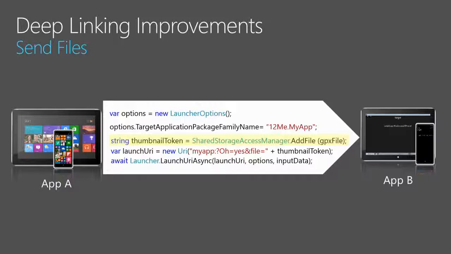So how do you get around that when you want to pass these things between them? Well, the Shared Storage Access Manager gives you the ability to generate a token that represents a storage file. You can then pass that string token across on the URI into the target application, which can then redeem the token for a storage file and actually get that file back off the disk. Okay? So that's a very handy enhancement.